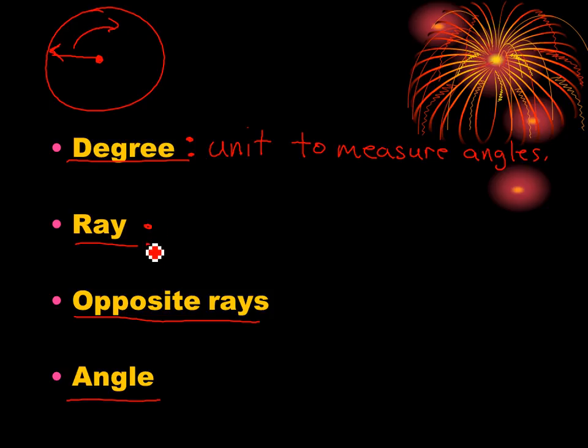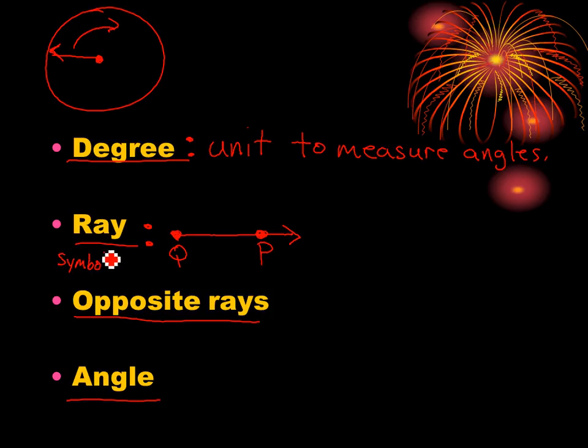A ray looks like this. What's different about a ray from segments and lines that we've talked about already? It only goes one direction. Now, when we name a ray, the symbol for a ray, this is real difficult again.